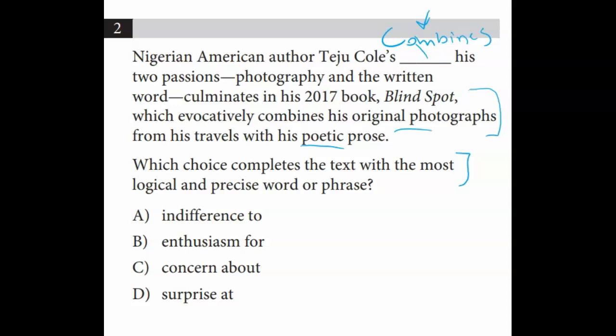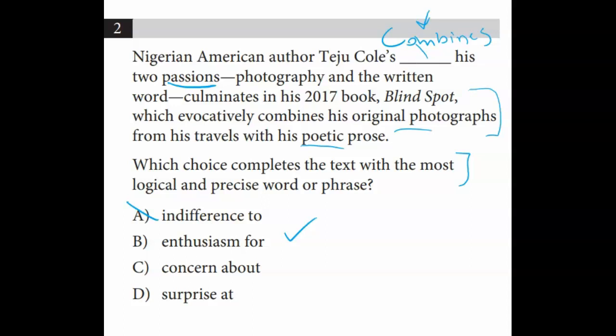Indifference to? It doesn't seem indifferent because you're not really indifferent to passions. That makes no sense. Enthusiasm for, you have enthusiasm for your passions. That checks out. Cole's enthusiasm for his two passions culminates in his 2017 book.